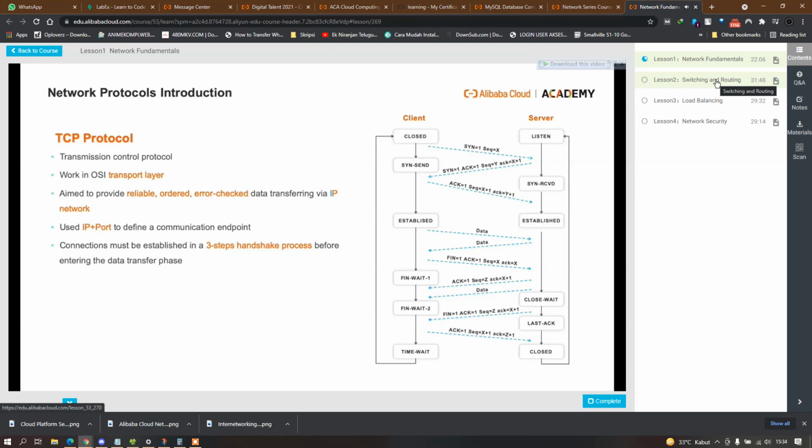Before the data transferring, it will have a 3 steps handshake process. And after this handshake process, TCP will verify whether the connection has been established successfully. After this, the data will start to transfer. This is how TCP protocol works.